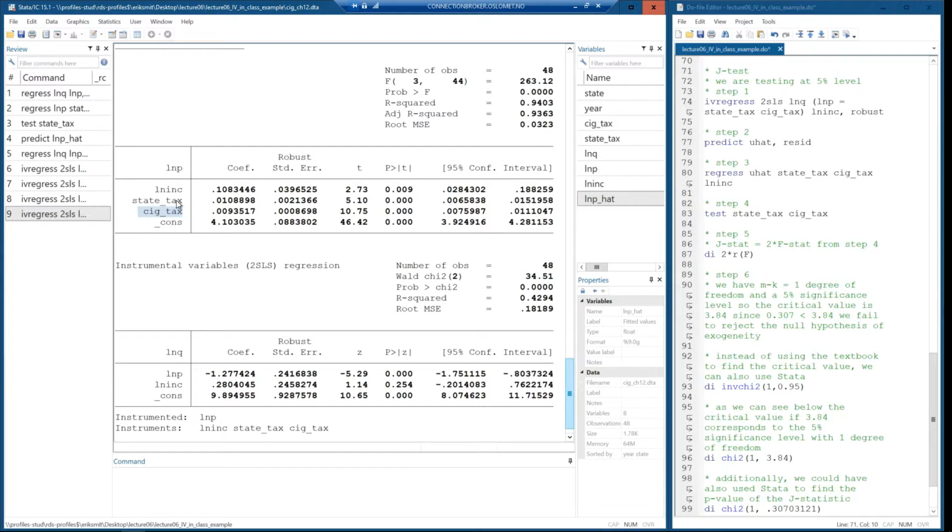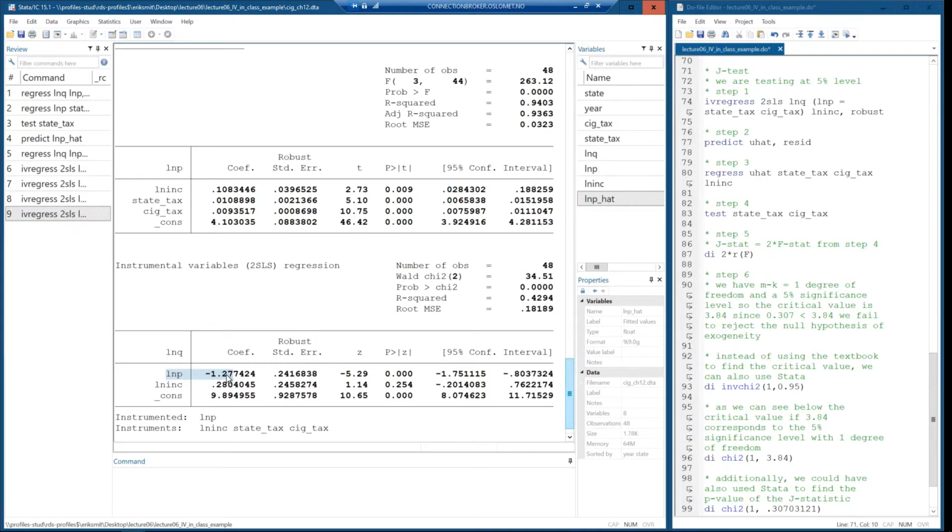If you included either one in the regression, you would believe that they are exogenous if they provide the same end result in the two-stage regression.